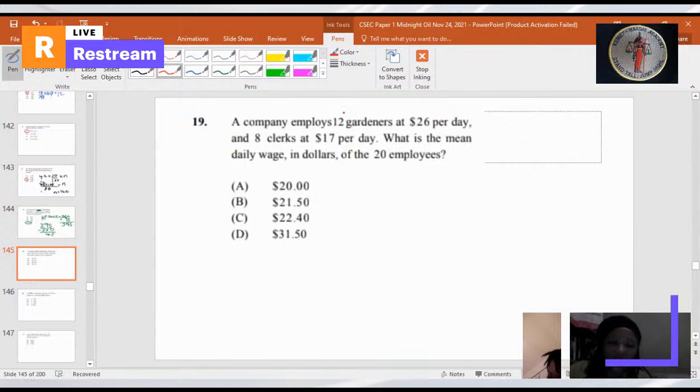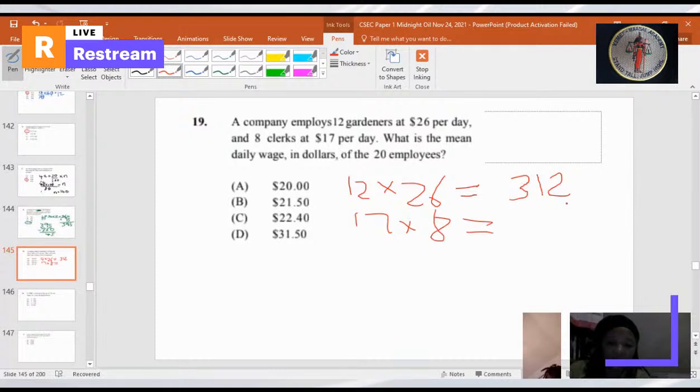So is it 12 times the 26? 12 sixes are 72, and 12 twos are 24, plus 7. I got 312. And then 17 times 8.